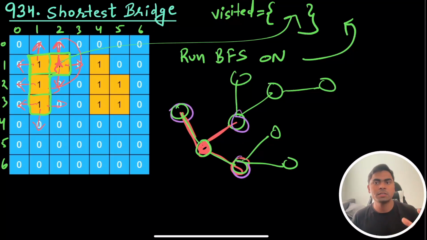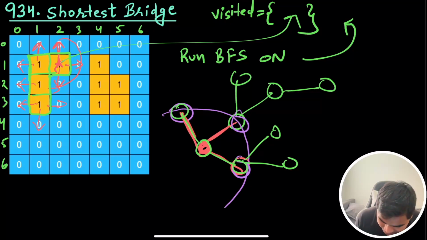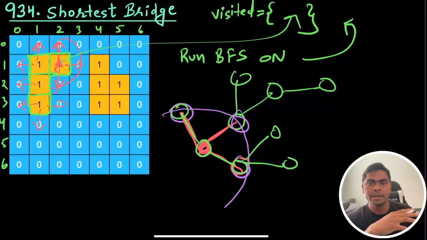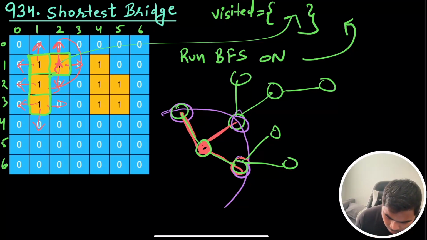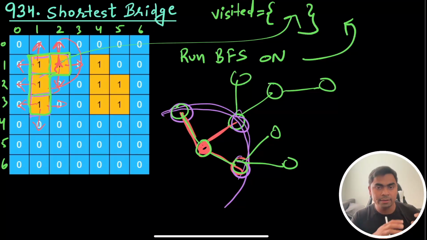BFS is also a level order traversal, so at the same time I am trying to access all of these since they are currently in my queue. So I will be appending all of them in my queue, and in my grid right here I have appended all of these cells into my queue so that I can run my BFS right from that initial state.